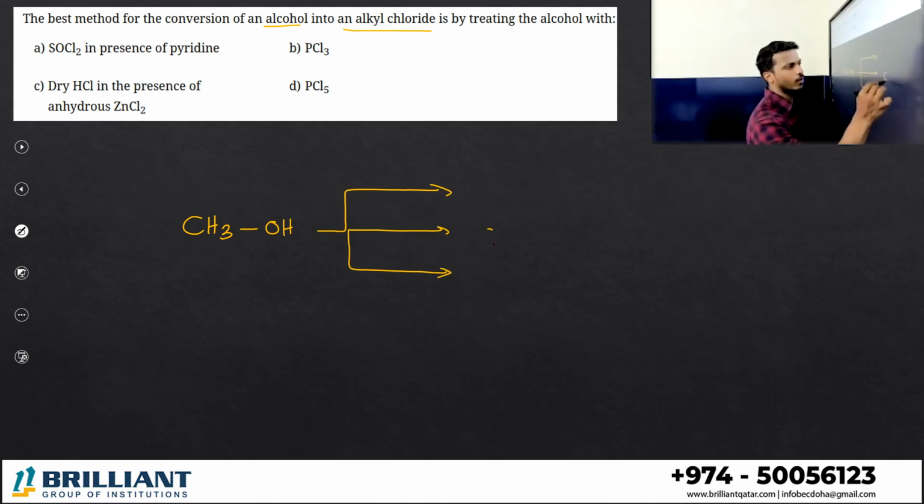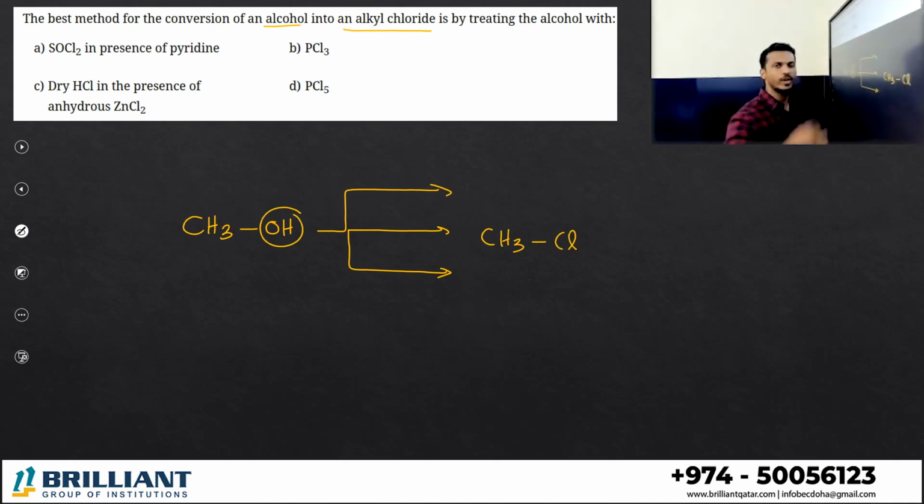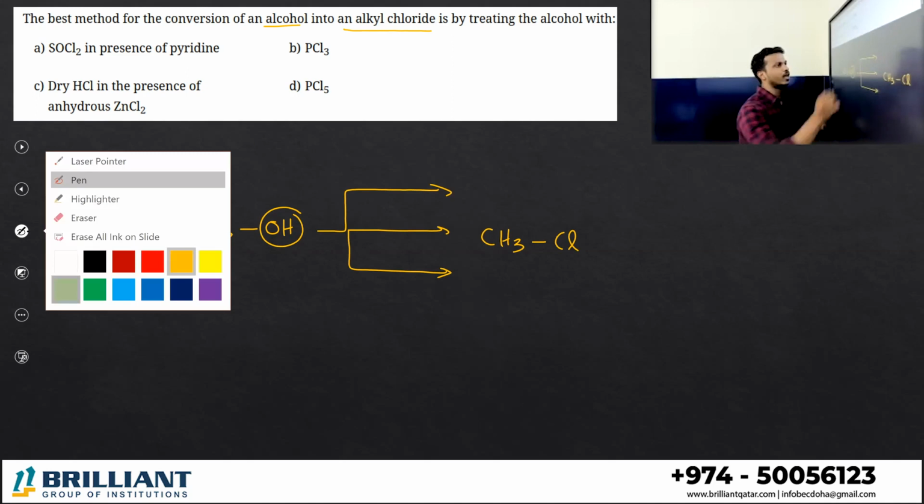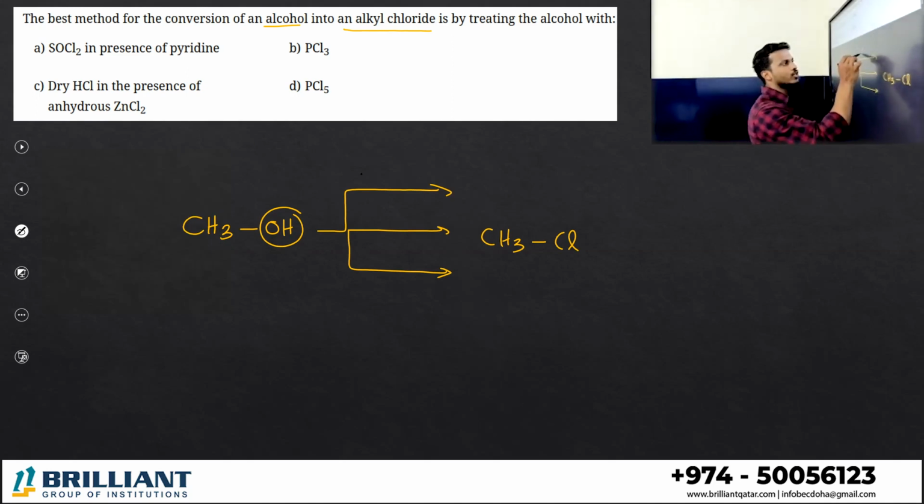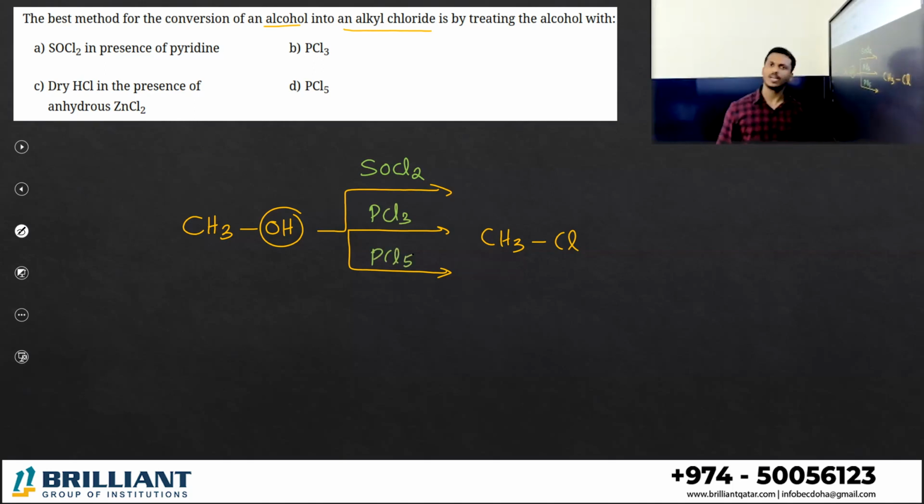If you want to remove this OH group and substitute one chlorine, we can use many reagents. What are the things we can use, dear student? We can use SOCl2, thionyl chloride, PCl3 can be used, PCl5 can be used, correct? So SOCl2, PCl3, PCl5, when you treat, the product is similar, no doubt. You will get chlorine.